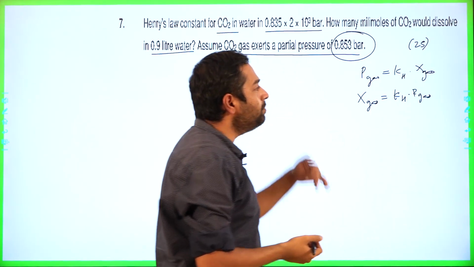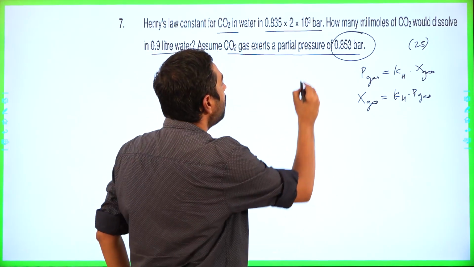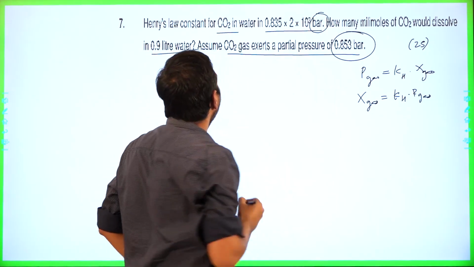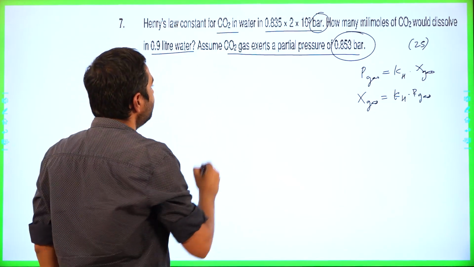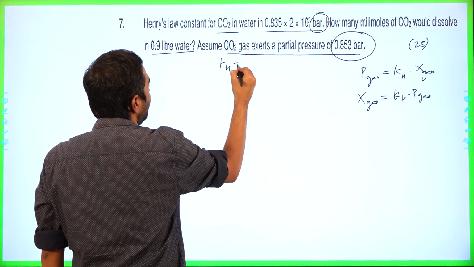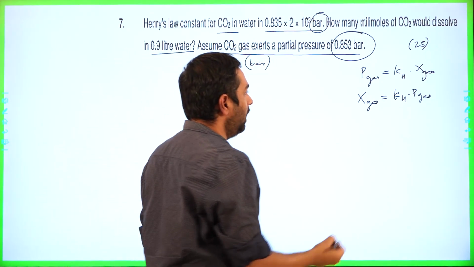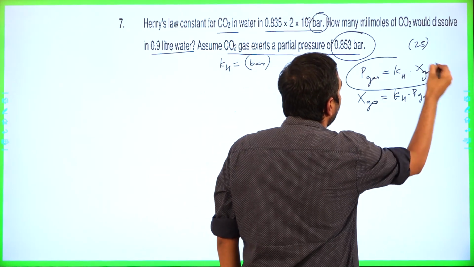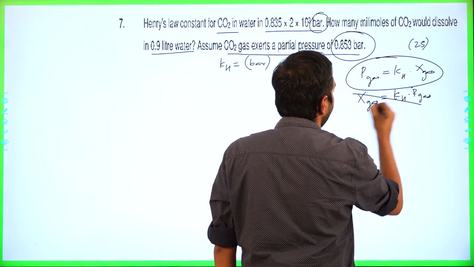Both are meaningful interpretations. We need to decide which is the interpretation based on the units of this particular Kh which is given to us. The Kh in this case is going to be having units as bar. So if the Kh is going to be having units as bar, this is my correct representation which I am going to be using. This representation is not valid here.